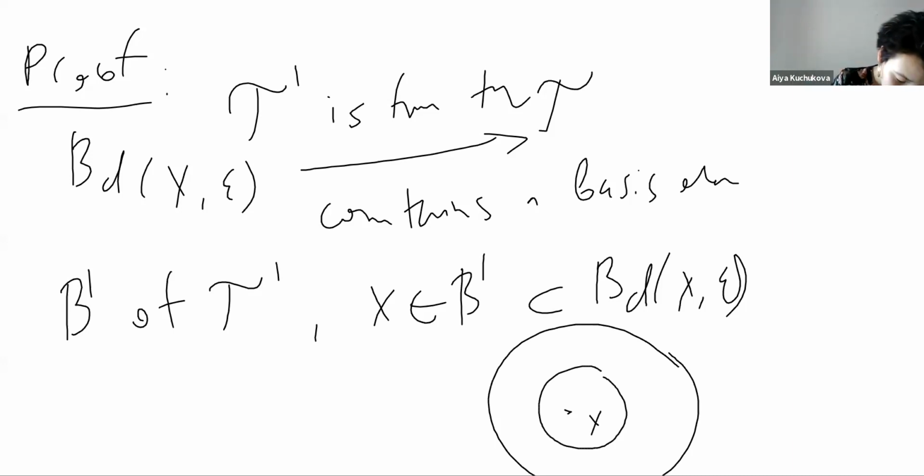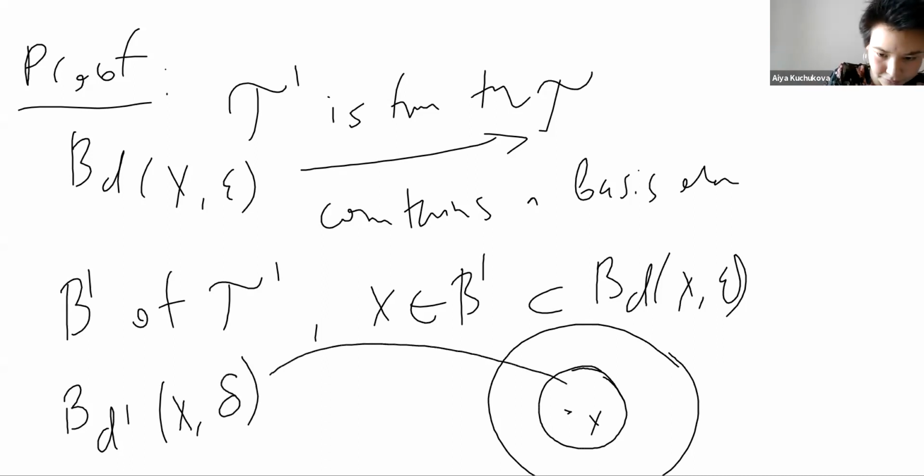And now what we have to do is to show that within this basis element we can always find some ball with metric d apostrophe, B(x, epsilon), inside of this, so an even smaller ball which just behaves according to our rules of how we define the metric, right?